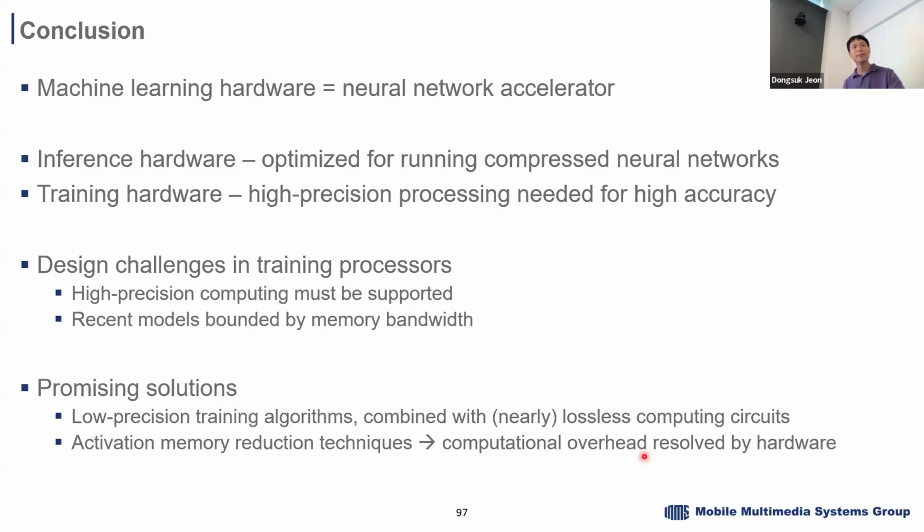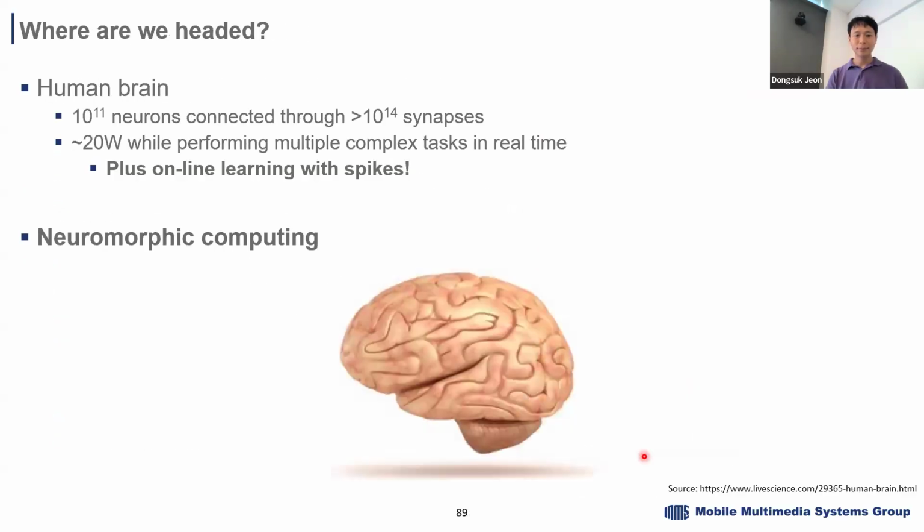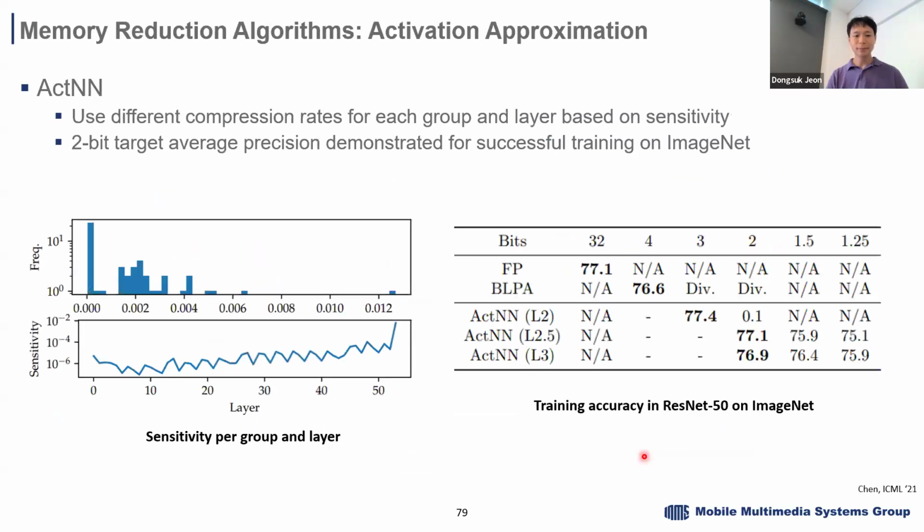Thank you so much for the talk. I had a question on page 79, 80. In the first part of your slides, you said that having less precision during training is hard because the error will accumulate during training.